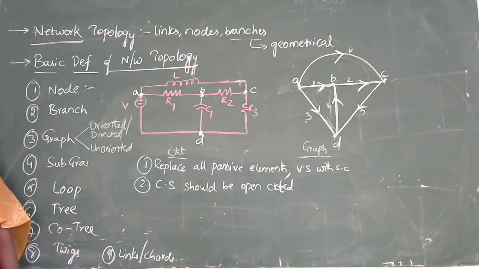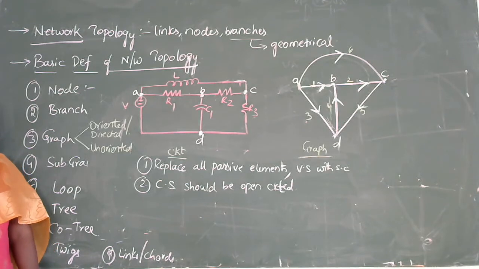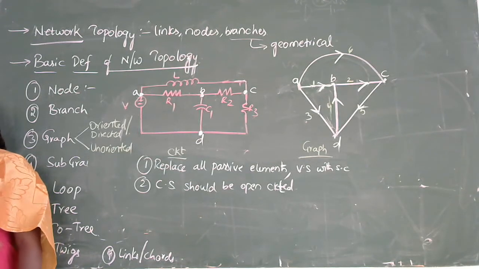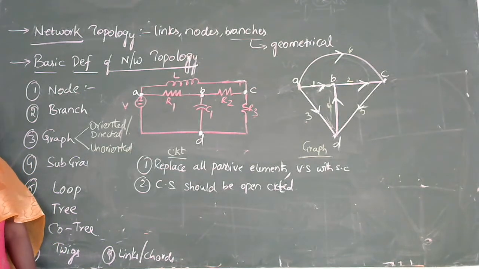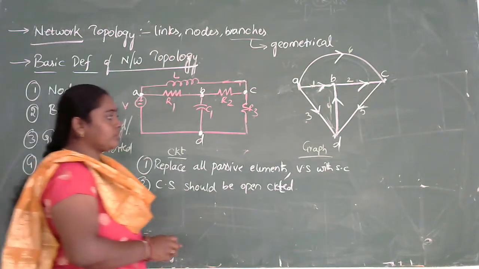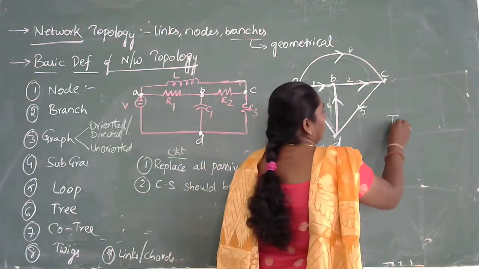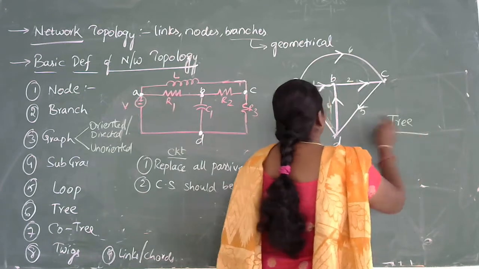The other more important property of a tree is that it should not have any closed path. That is, it should not make the complete graph a tree. So now let me draw the tree for this graph.